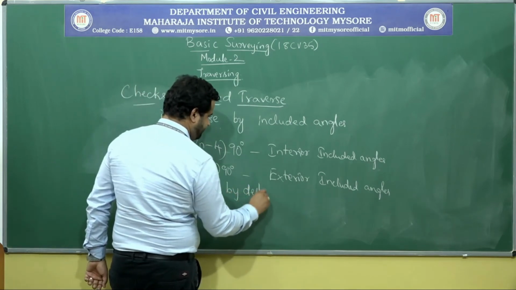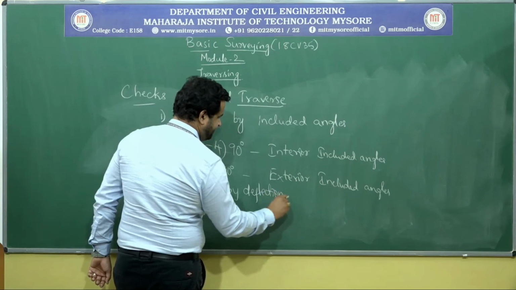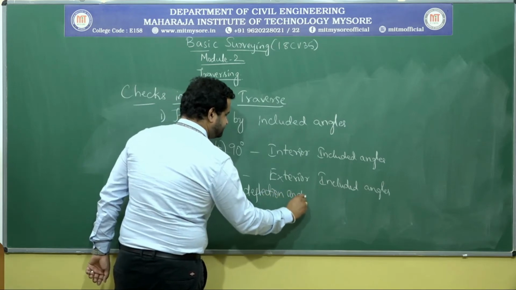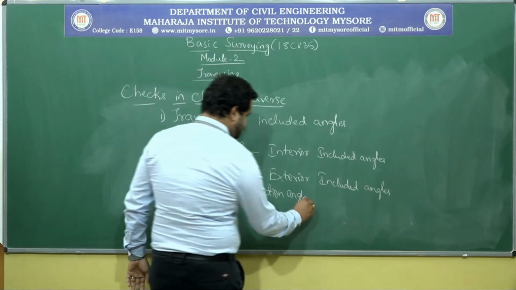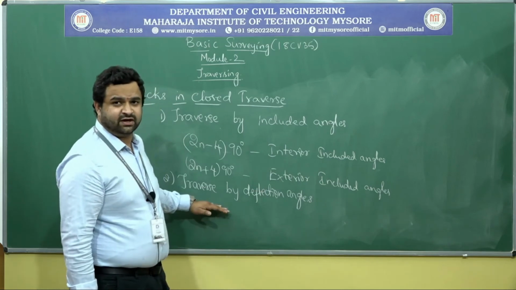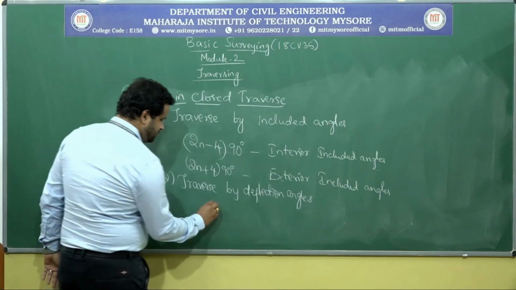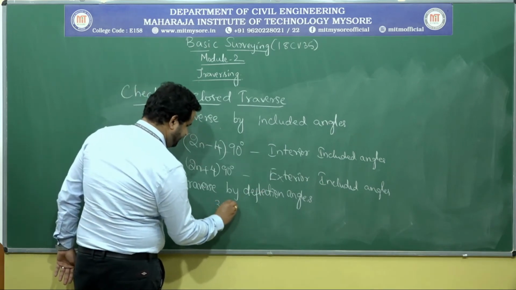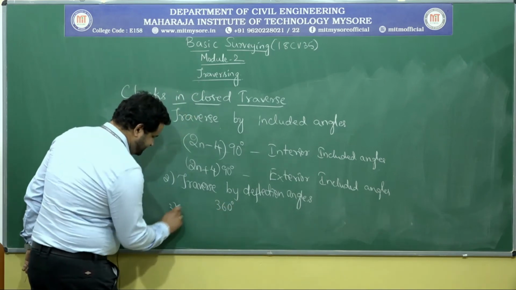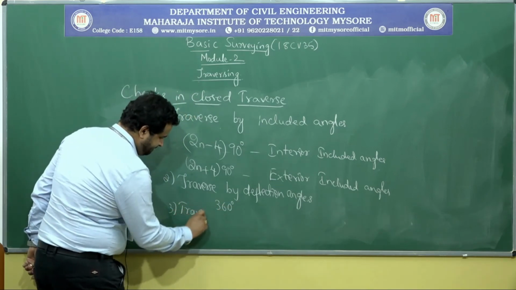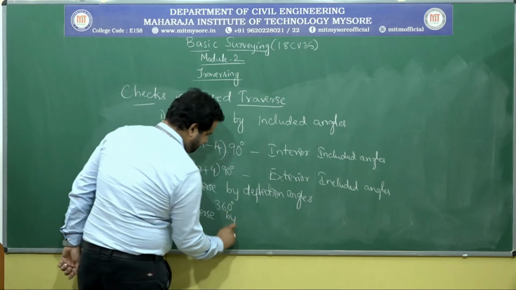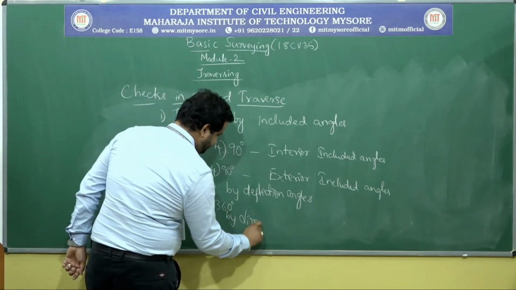deflection angle. Traverse by deflection angles. The algebraic sum of the deflection angles should be equal to 360 degrees. Next is traverse by direct observations of bearings.